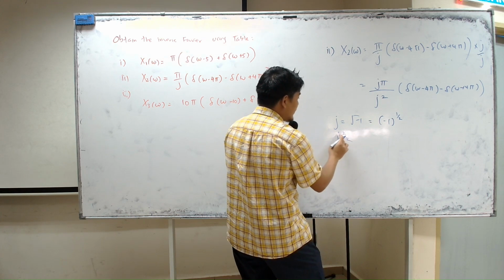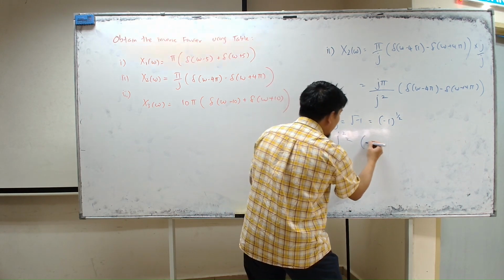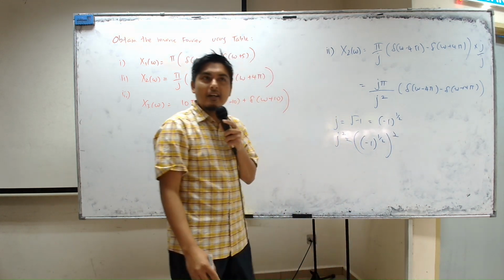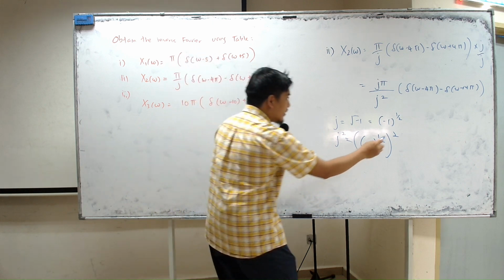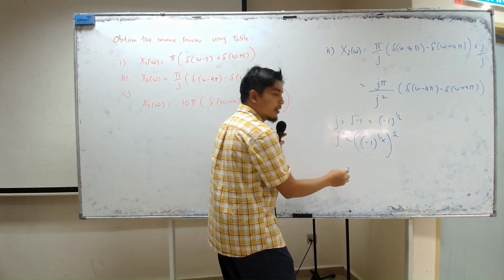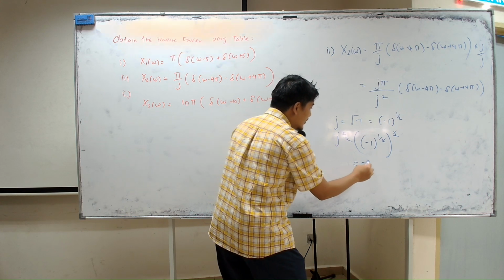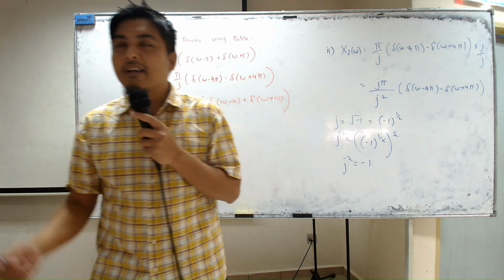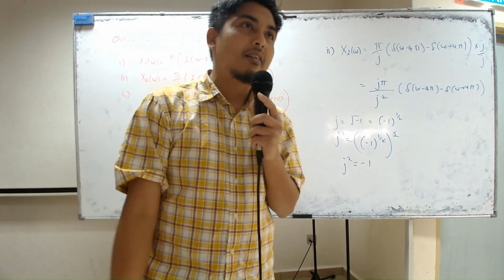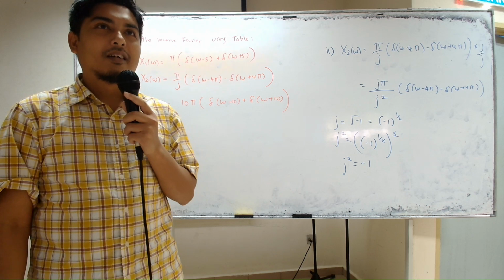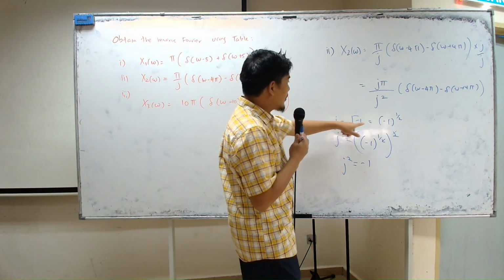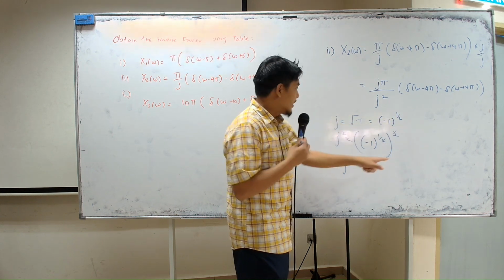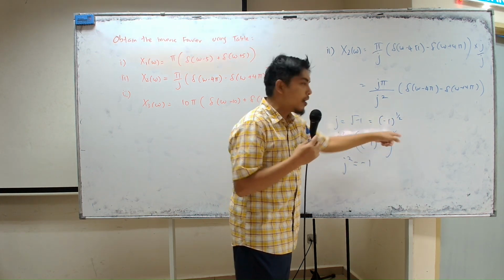So if j square actually equal negative 1, is it correct? Cancel. So j square is not 1, j square equal to negative 1. Easy, just like this. If you are confused, the square root is actually power 1 over 2, and then for j square you just square everything here.